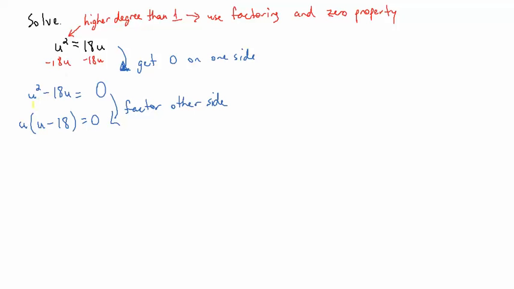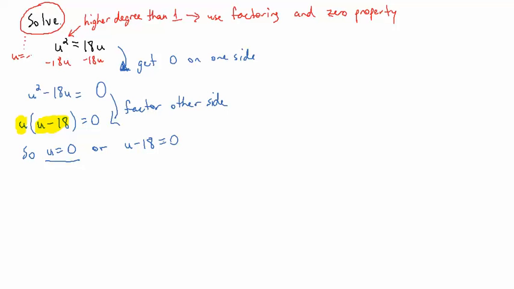So I have two things multiplied together to be 0, which tells me that one of those two things, u, has to be 0, or the other thing, u minus 18, has to be 0. Now when we see the directions solve, what that means is that our last step should be u equals. We're trying to figure out what u equals. So we come down here and we can see u equals 0 is one answer.